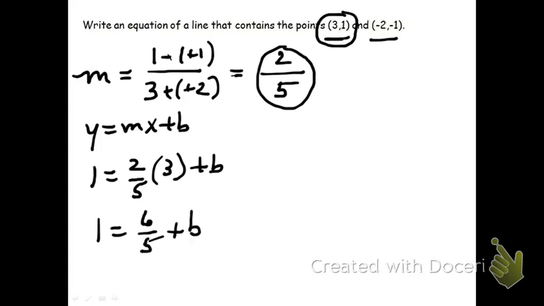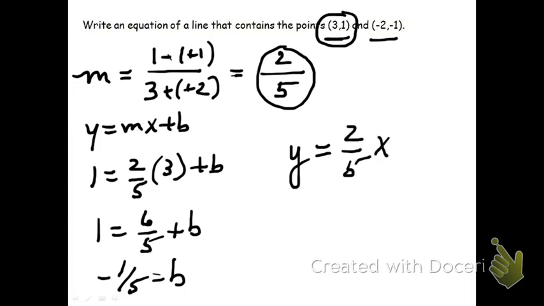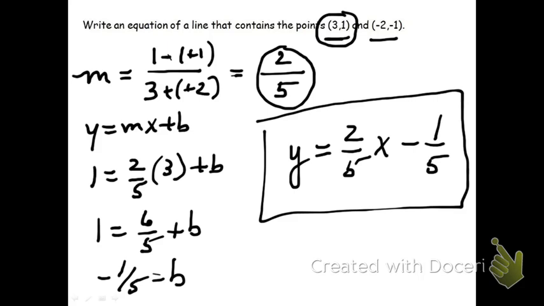I subtract 6/5 from each side. 1 is the same thing as 5/5, so 5/5 take away 6/5 gives me negative 1/5 for my b. Now I've got my y-intercept, so I can write the equation: y equals 2/5 x minus 1/5. That is an equation of the line that passes through the given 2 points.